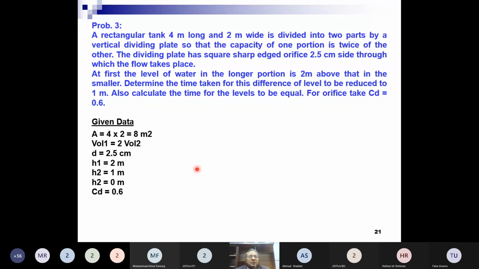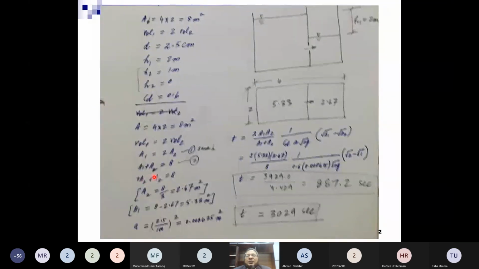But we do not have values of A1 and A2, तो इसमें हमने पहले वो values of A1 और A2 निकालनी है. The values of H1 and H2 are given, so we can easily solve the problem.